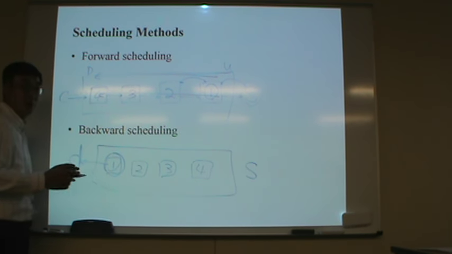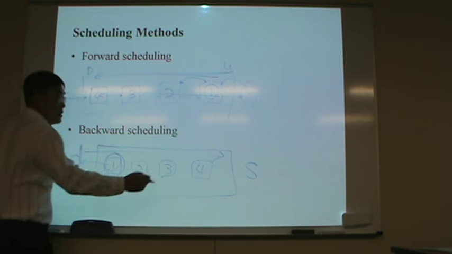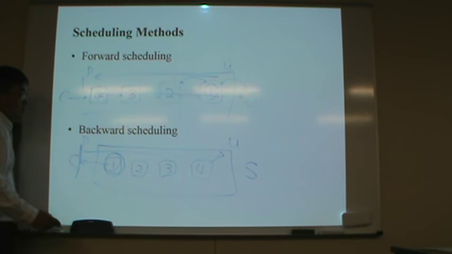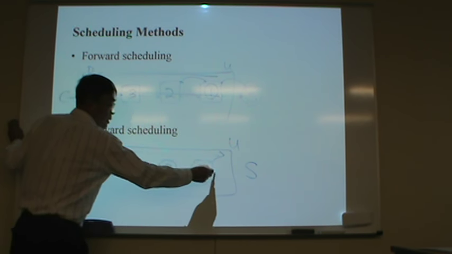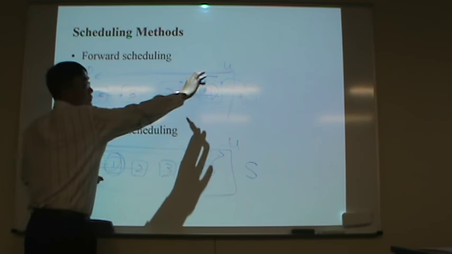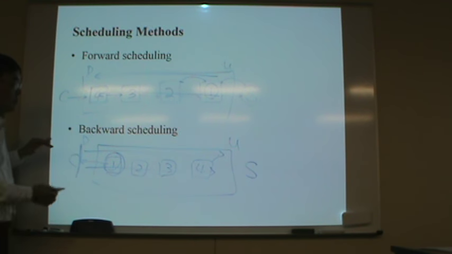So the scheduling direction is this way, from downstream to upstream, so backward scheduling. Make to order system, forward scheduling. Make to stock system, backward scheduling. Okay?